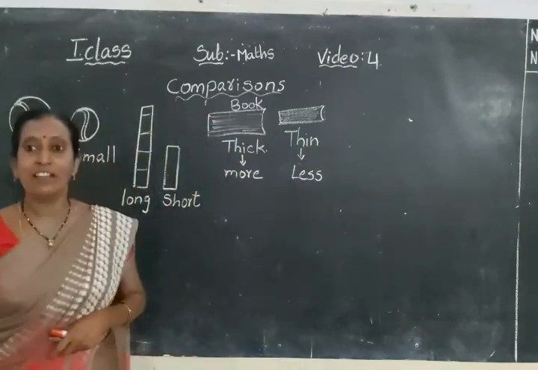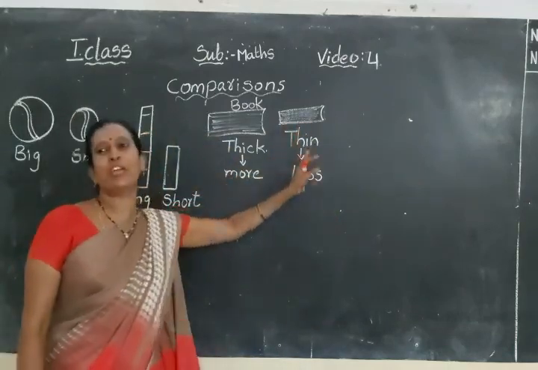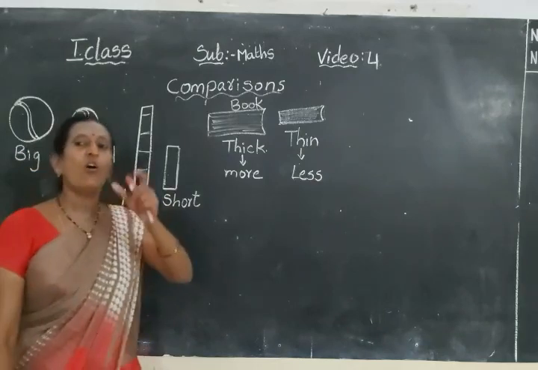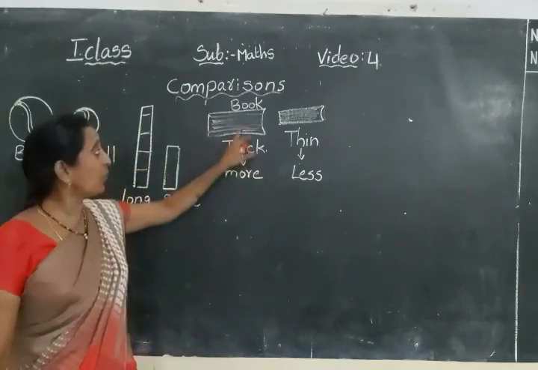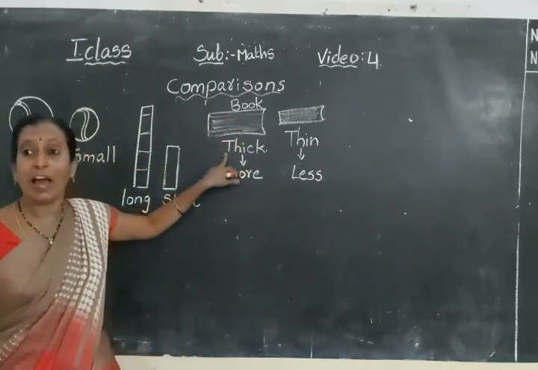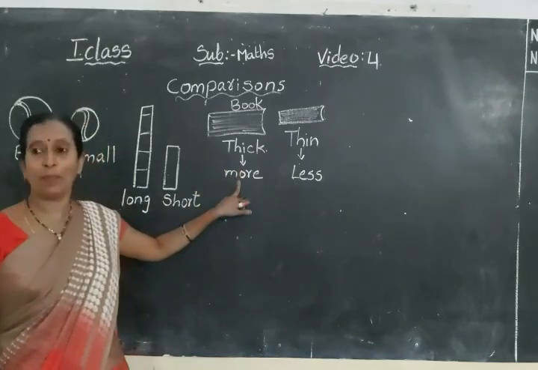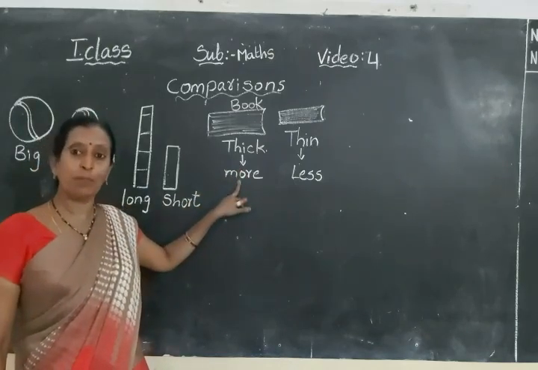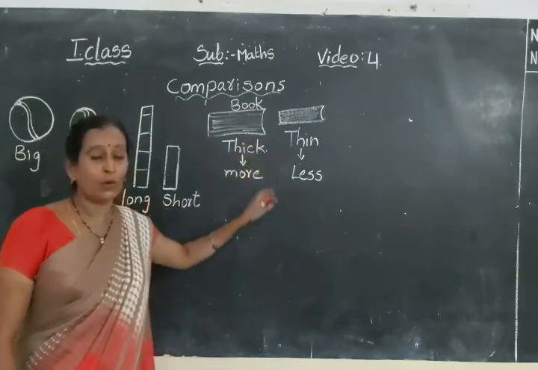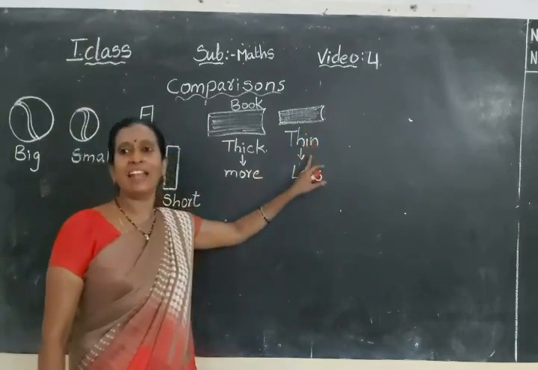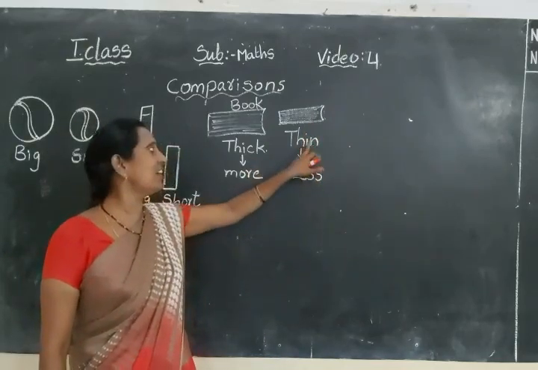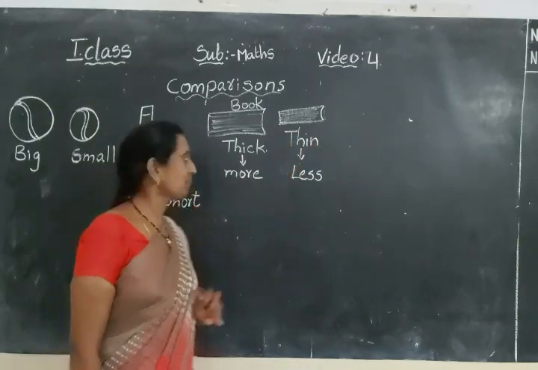This book has less pages, only 100 pages. And this book looks thicker because it has more pages. So this is a thick book, and this book has less pages, so it looks like a thin book.